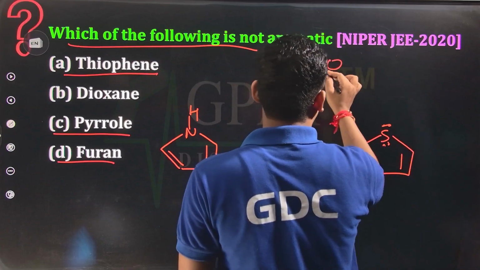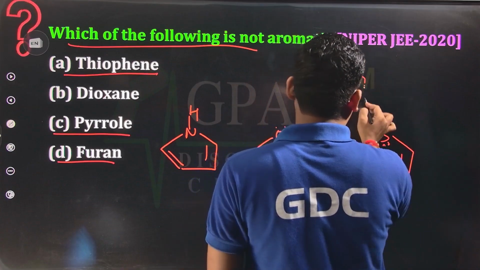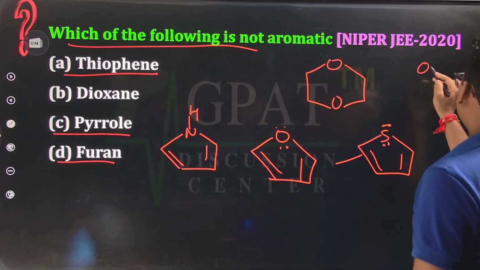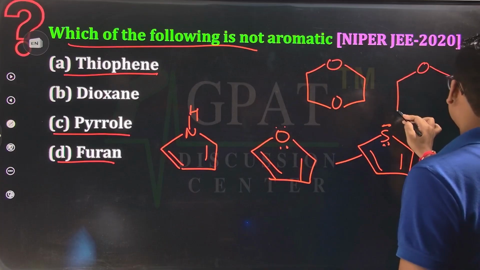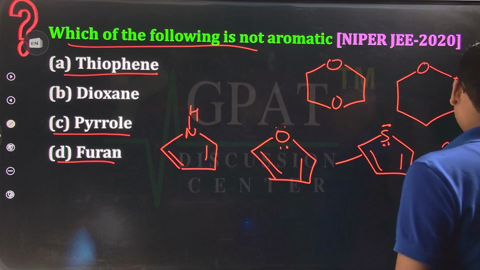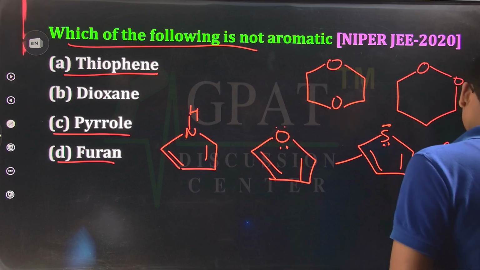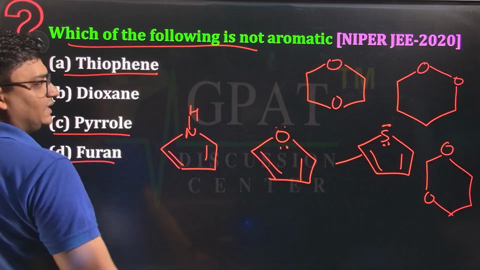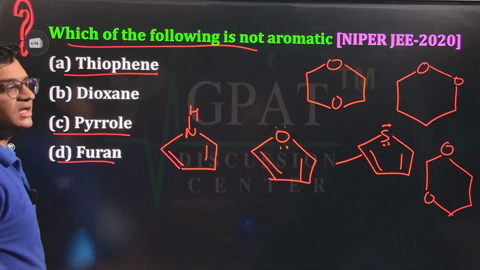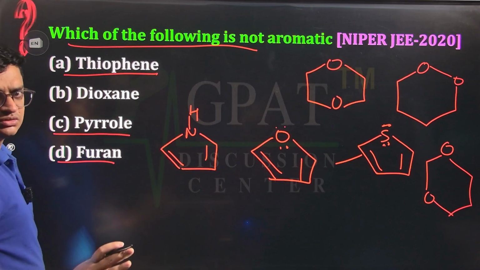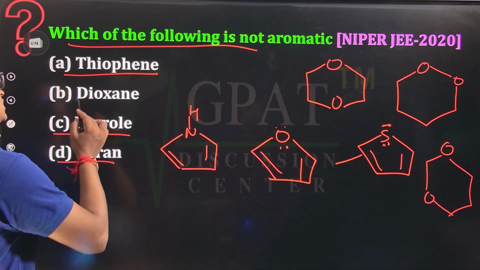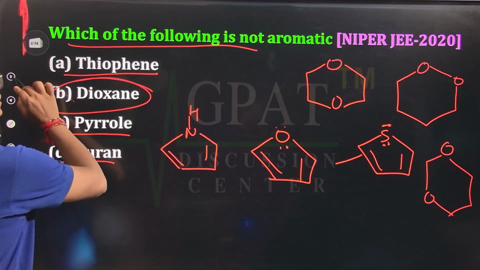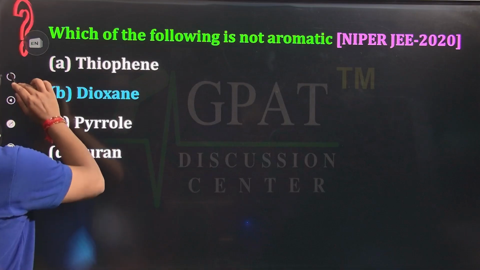Dioxane: it can either be 1,4 with oxygens in a saturated 6-membered ring, or 1,2 dioxane, or 1,3 dioxane. All of them are dioxane, and they are just saturated versions. They do not have any electron pairs in complete conjugation. So this will be a non-aromatic, non-heteroaromatic compound, dioxane.